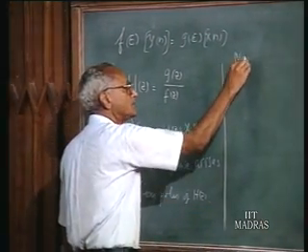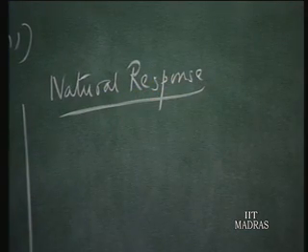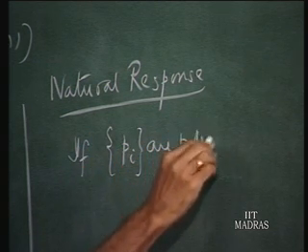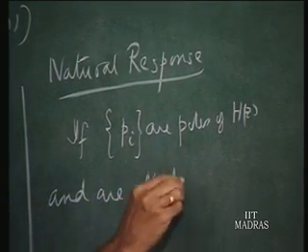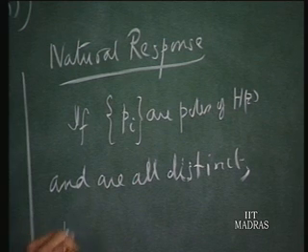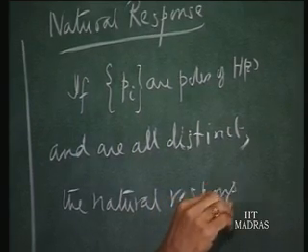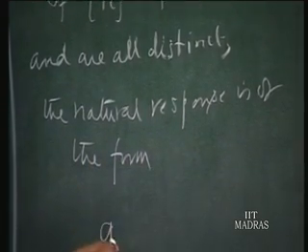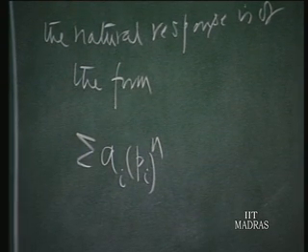So in the natural response, if the set p_i are poles of H(z) and are all distinct, that is no pole is repeated, then the natural response is of the form sum over i of a_i p_i raised to the power of n. It is something which we already know from our partial fraction expansion.